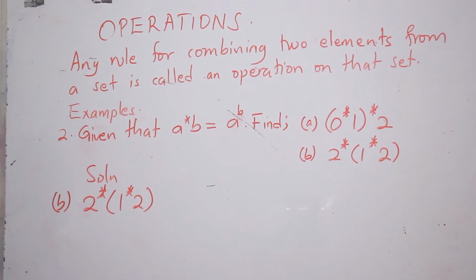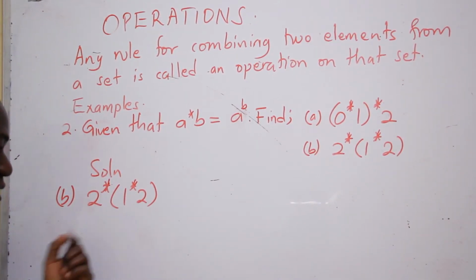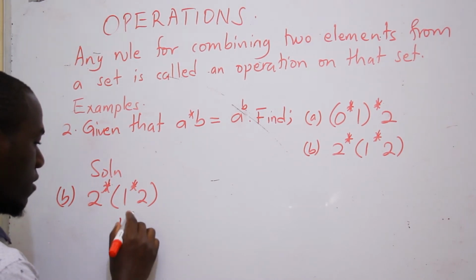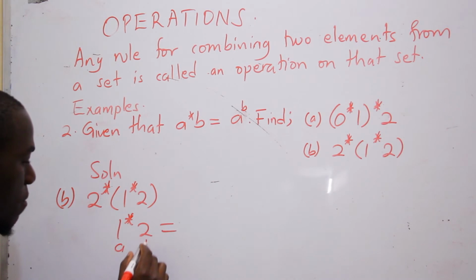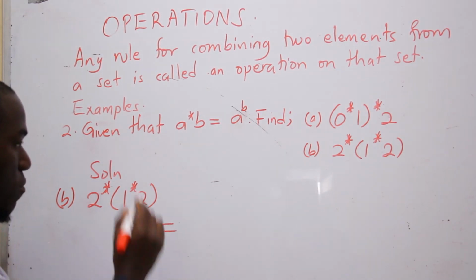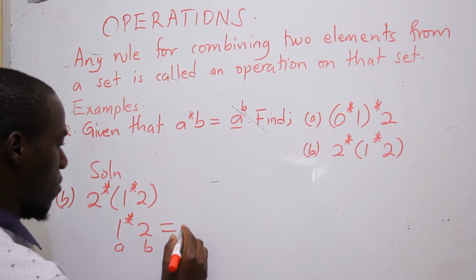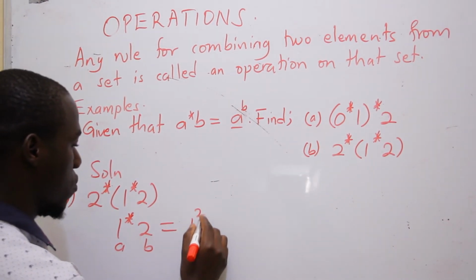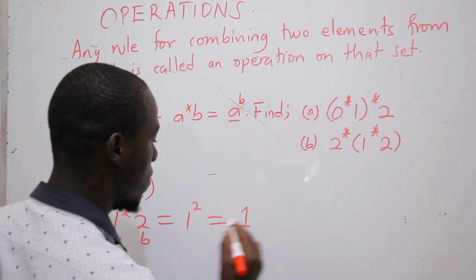So part B, I'm going to begin with what is in the bracket. That is the 1 star 2. The 1 is going to be my A, and the 2 is going to be my B. So I substitute there. So that is 1 power 2, and 1 squared is going to be 1.